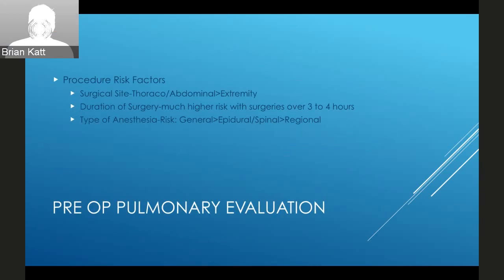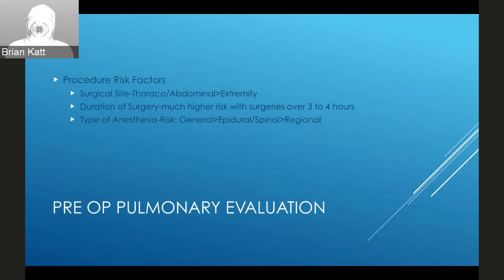Duration of surgery: probably not a lot of surgeries go beyond 3 or 4 hours, but certainly the longer the surgery, the more incidence of postoperative pulmonary complications. As far as general anesthesia risk, general anesthesia typically has more postoperative pulmonary complications than epidural and spinal, which has more complications than regional.